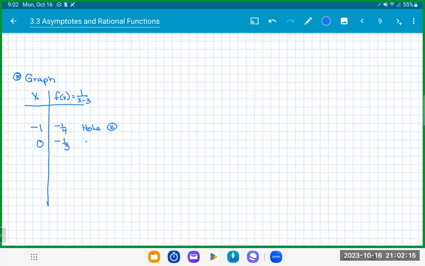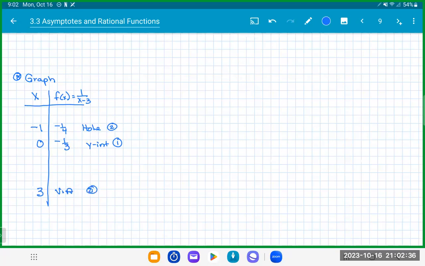This was our y-intercept out of step 1. And then down here a little ways, at 3, we had a vertical asymptote, and that came out of step 2.